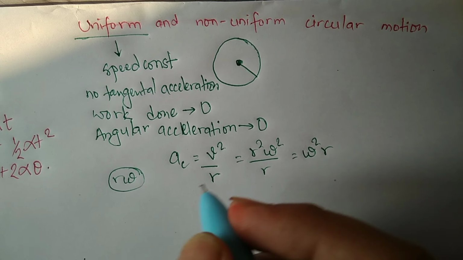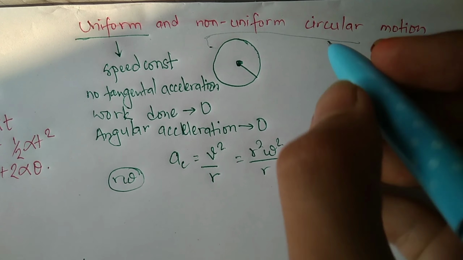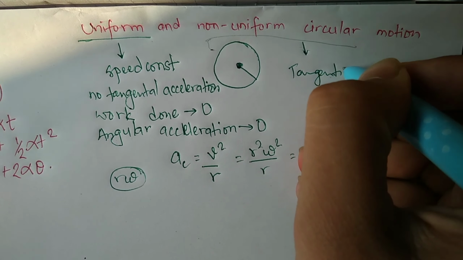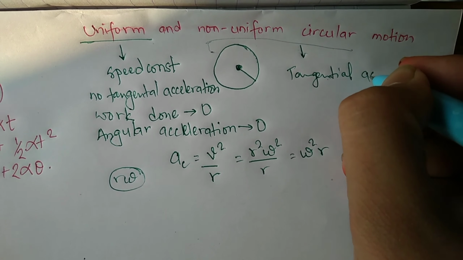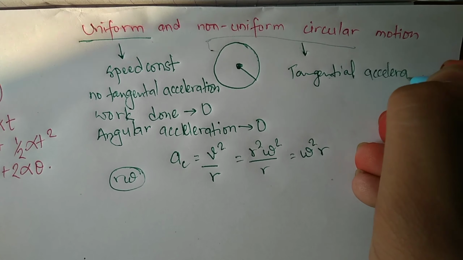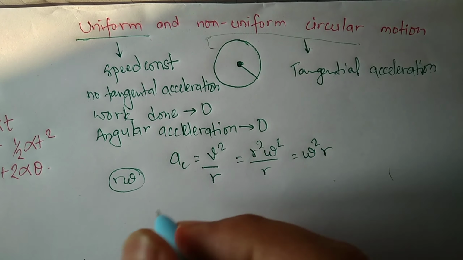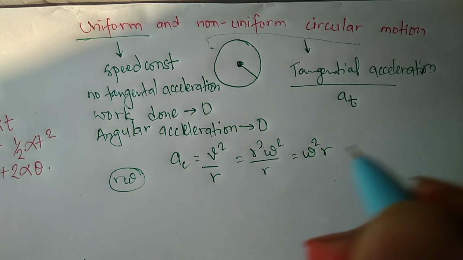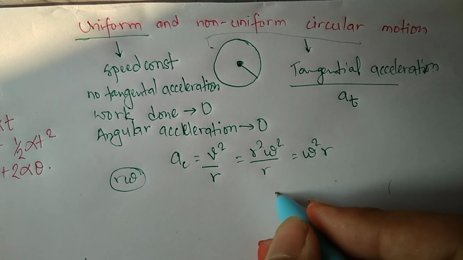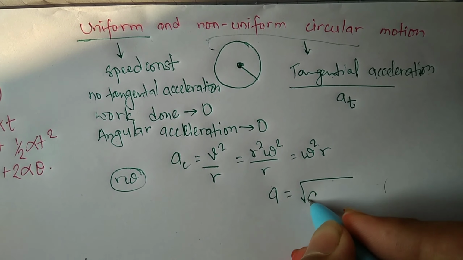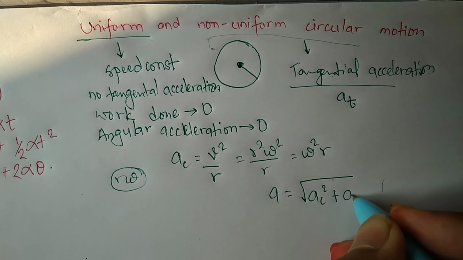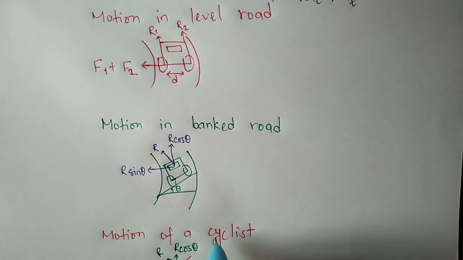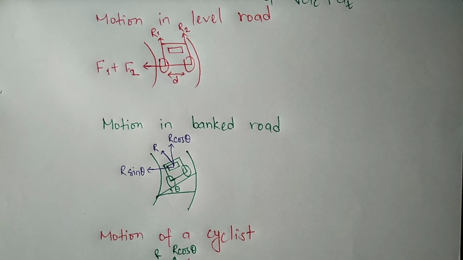And then in case of non-uniform circular motion, there is tangential acceleration a_t, then the resultant acceleration will be a is equal to root under a_c square plus a_t square. We will be discussing motion on level road, motion on banked road, and motion of a cyclist.